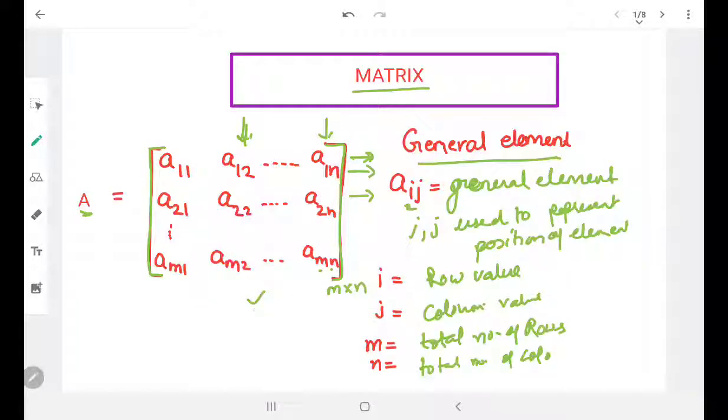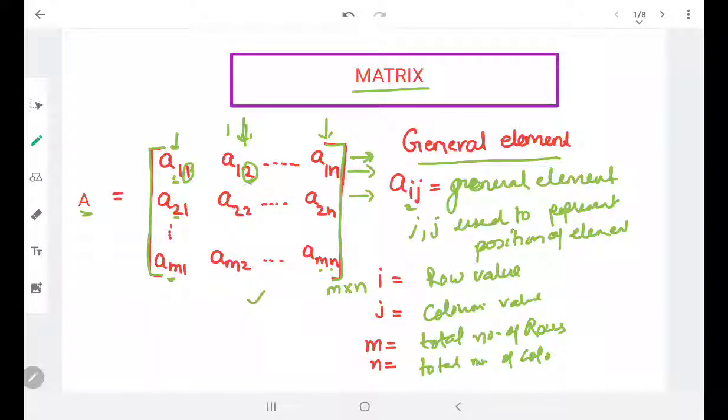So here, if you see, we have a matrix. If you see the first row, second row and so on, we are having m rows. And if you go column wise, this second subscript will keep on changing.